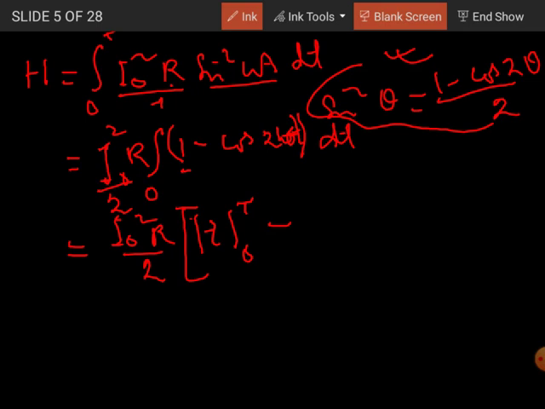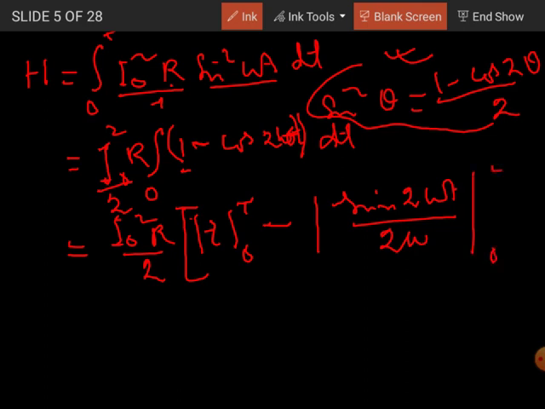Cosine of omega t means sine of omega t, so the integration of cosine of twice omega t gives sine of twice omega t. Now we need to again integrate the angle. If you integrate this twice omega t again, then you will get it divided by twice omega, and the limits are from 0 to T, like this. Got it?